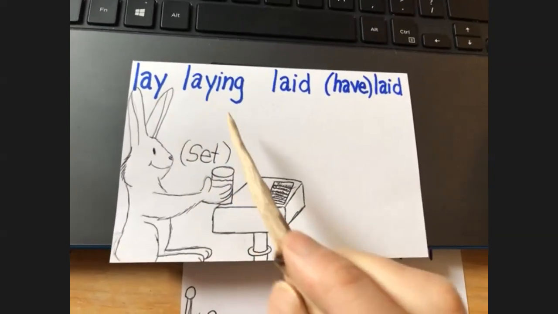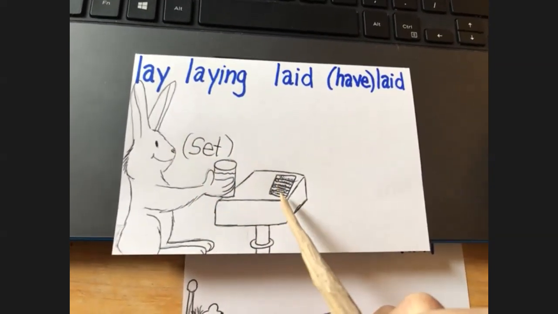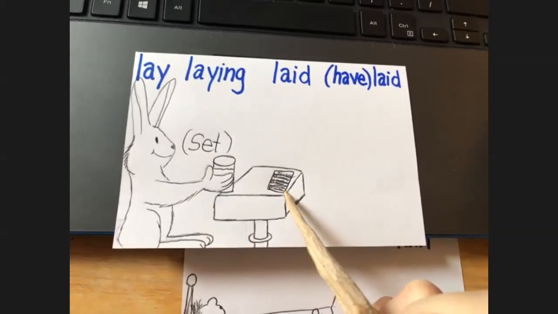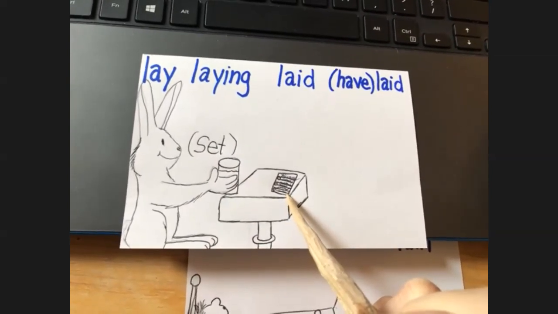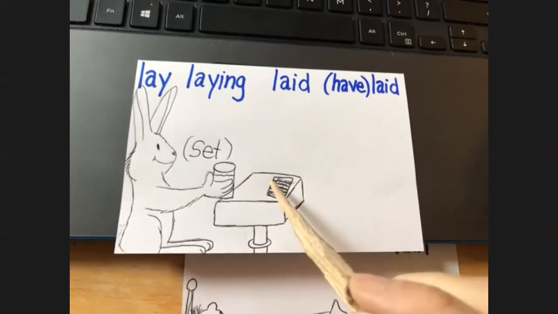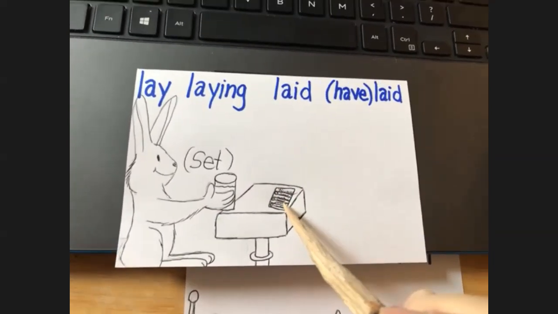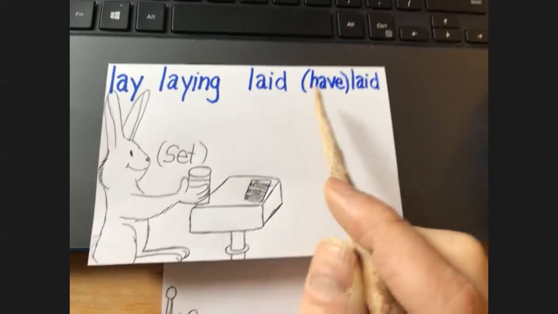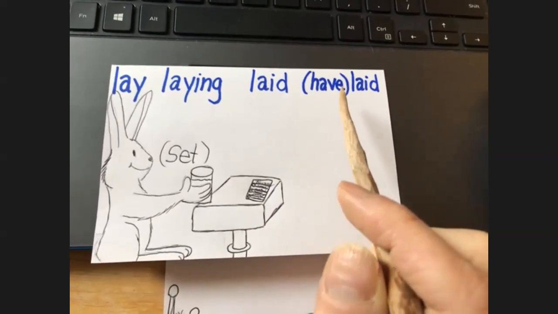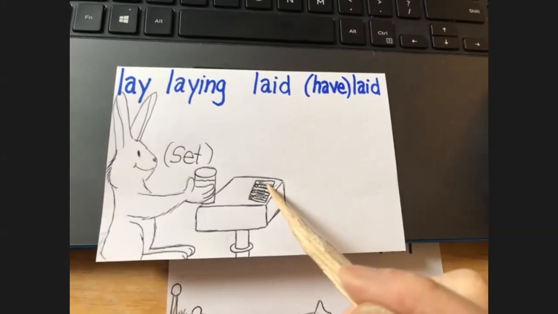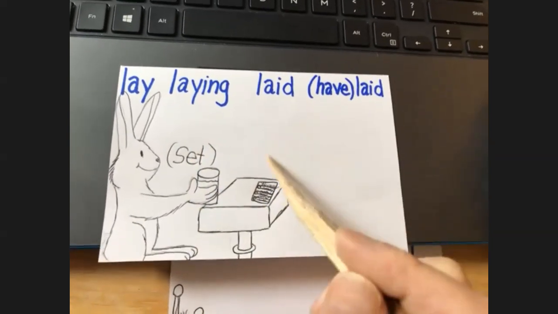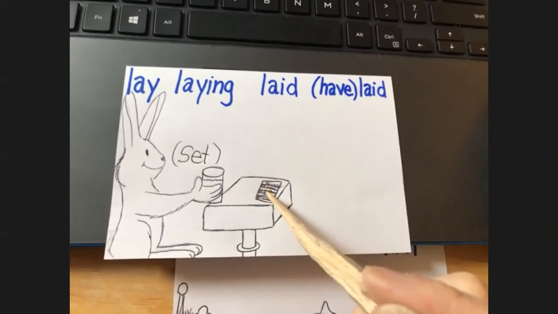Lay, laying, he is laying his homework on the little table there. He laid it there in the past. Yesterday he laid it on the table. Have laid. They have laid it there many times before, or he has laid it there.